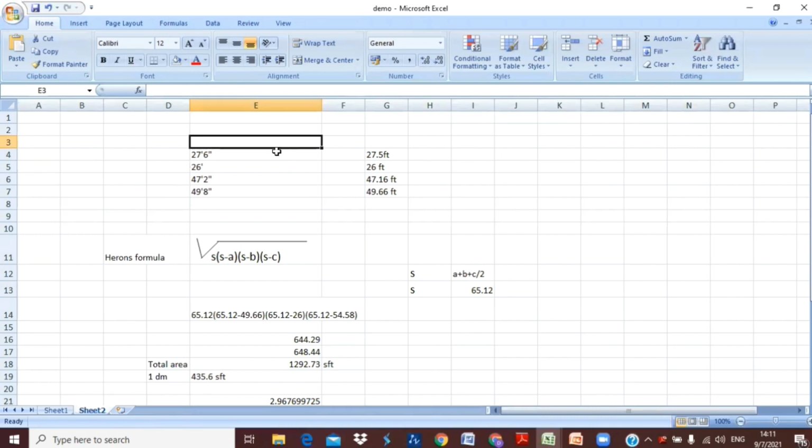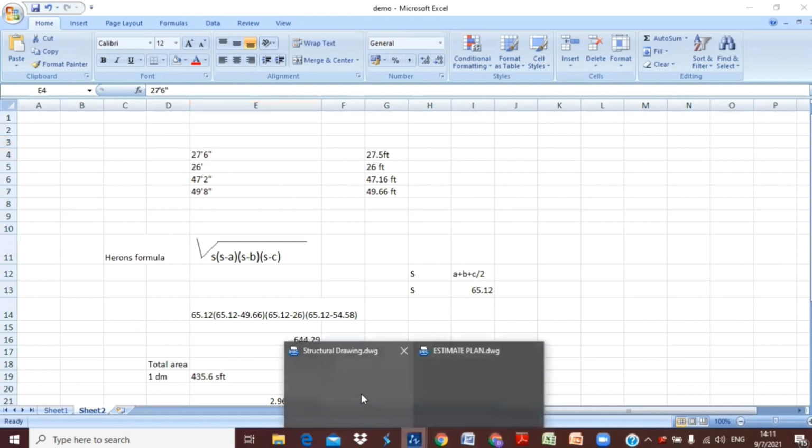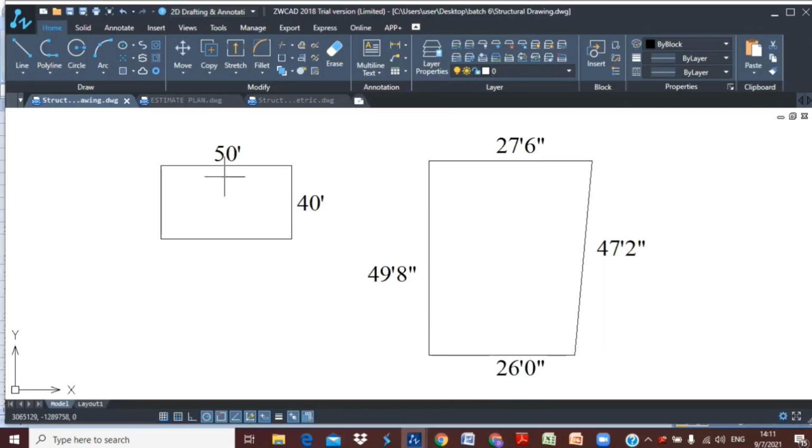First of all, I will take the irregular area. Why am I taking the irregular area? Because if you take the regular area, you can simply find the area by multiplying 50 feet into 40 feet, and you will easily get the area of this regular surface.